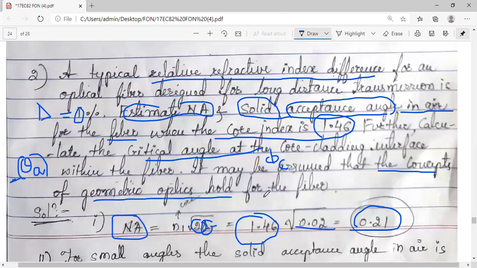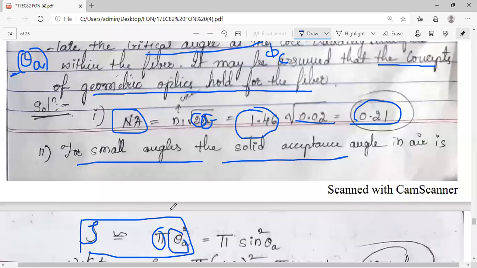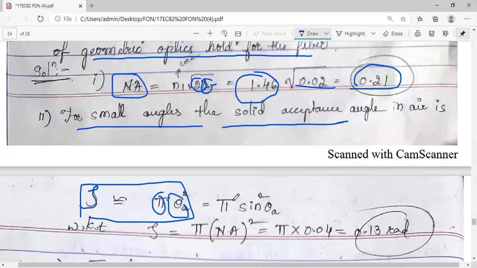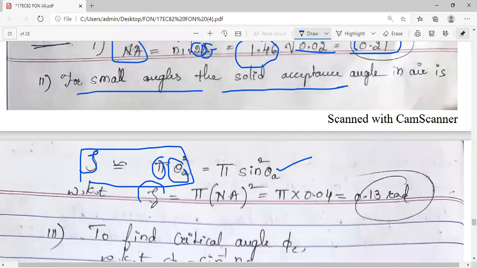Probably the concepts of geometric optics you can make use of. When you go for the geometry of this cone for the acceptance angle, pi into theta square you can consider, and this is pi into sine square of theta a.